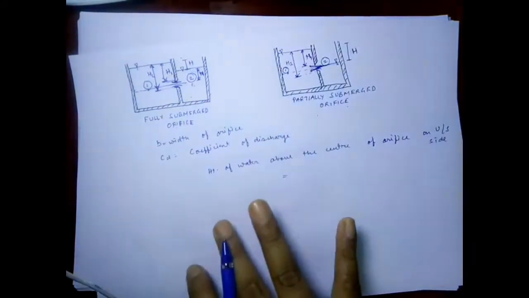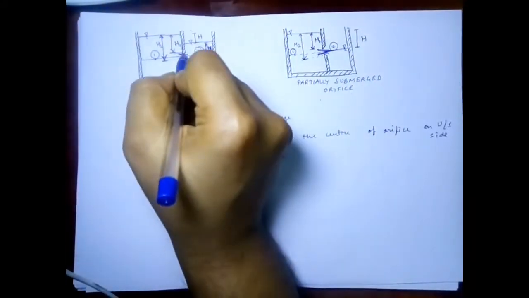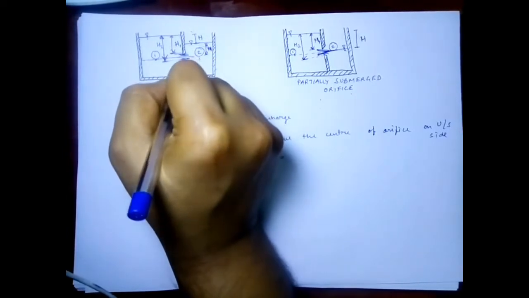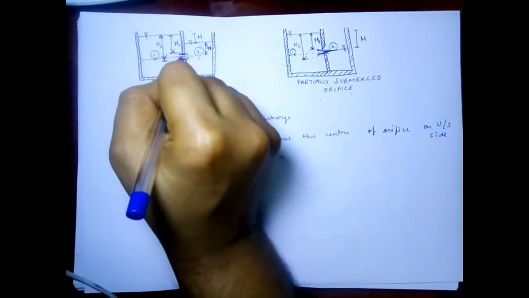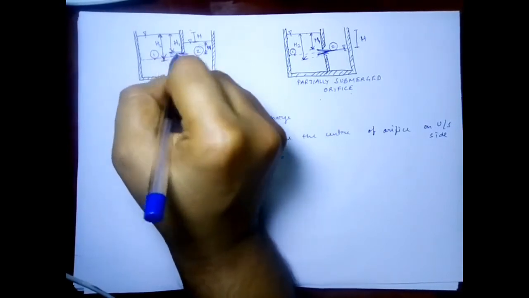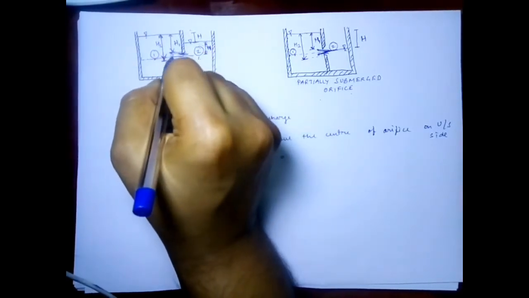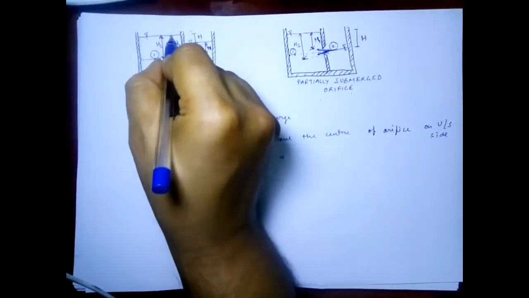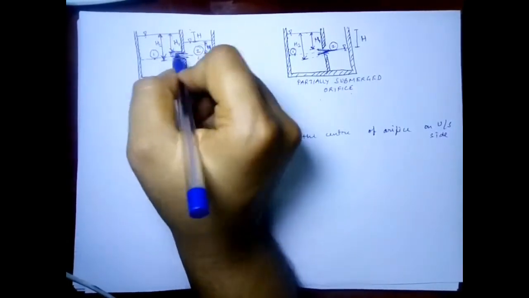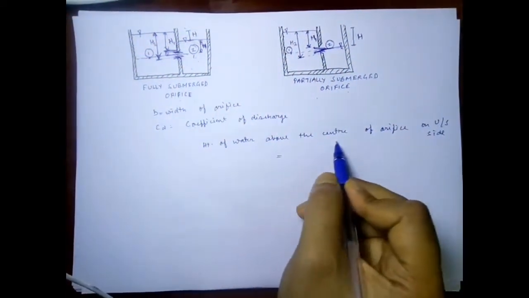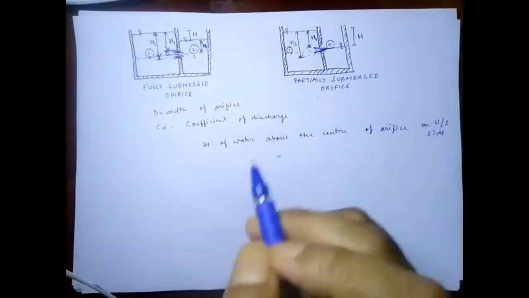So see, I can say that H2 minus H1 is the height or the diameter of the orifice, and H2 minus H1 by 2 is this much, that is the remaining part, that is the half of the orifice. This half of the orifice and the water level above the top part of the orifice together constitute the height of the water above the center of orifice on upstream side.